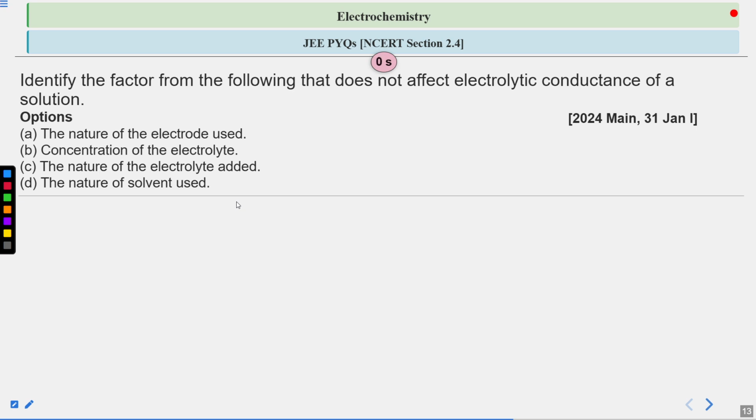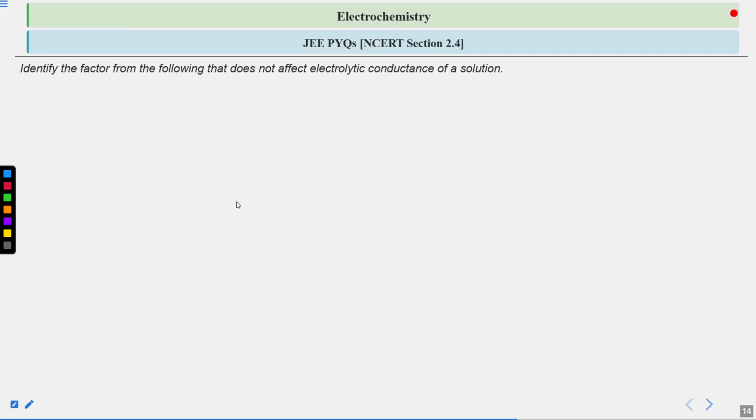Okay. So for this given question, the correct answer is option A, that is the nature of the electrode which we are using.